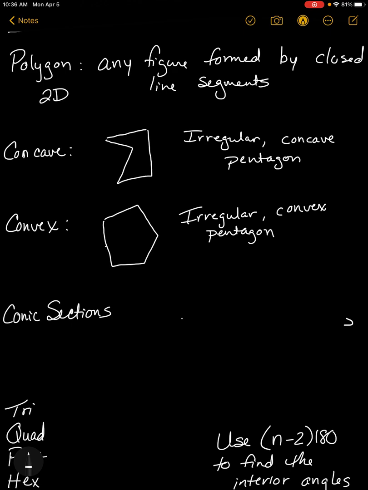So then those were both irregular. What are the regular ones? The regular ones have congruent sides and angles in them. They're the perfect ones, you know, like the equilateral triangle or the square, everything's perfect about it, or the stop sign, that octagon.